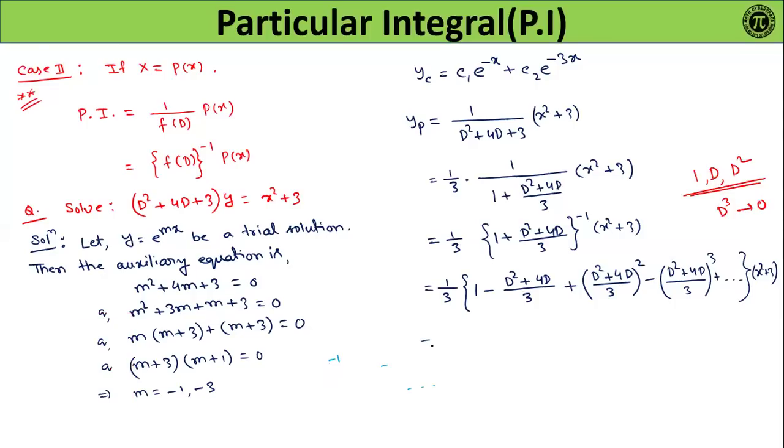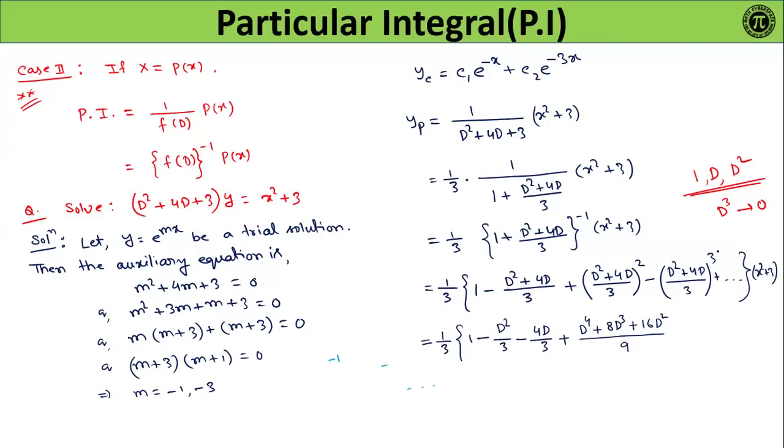This equals 1 by 3. First simplify this. 1 minus, this will be D square by 3 minus 4D by 3, okay, plus, this is (a plus b) whole square, so the numerator will be D to the power 4 plus 8D cube plus 16D square, divided by 9.